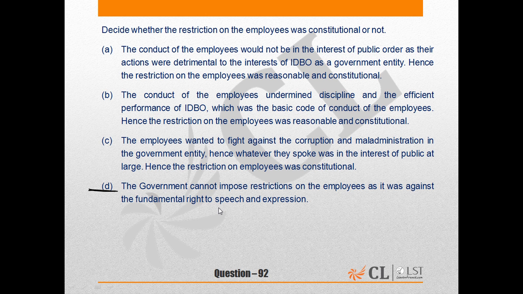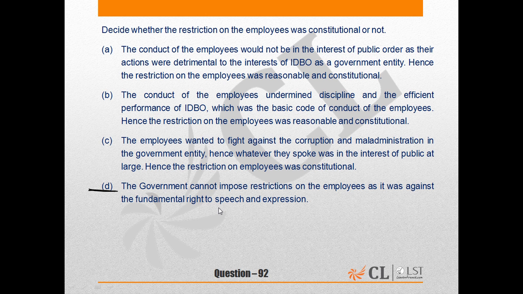But the main reason we can deduce from the facts is that what they wanted at the ultimate end was that these employees were getting indulged in corruption and maladministration.